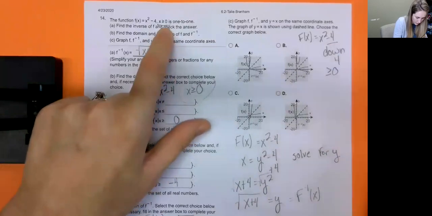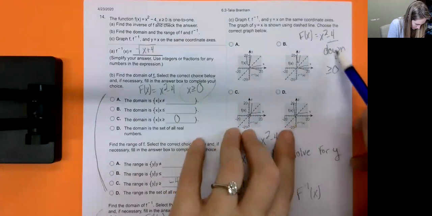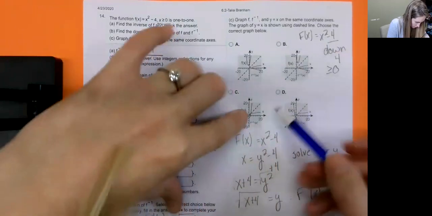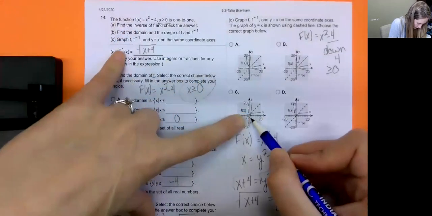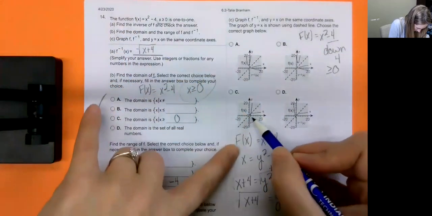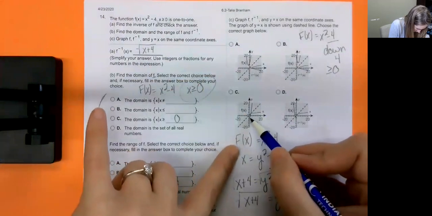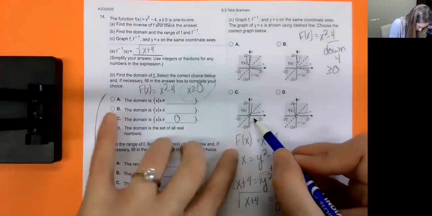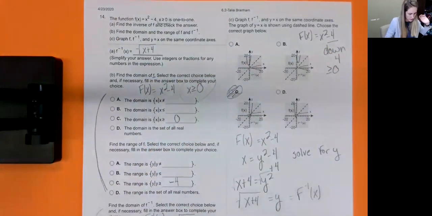So that means we're not going to have any of those negative values. It's not going to be the full parabola, it's going to be half of it. And what are they going by here? Twos. So C is our graph.